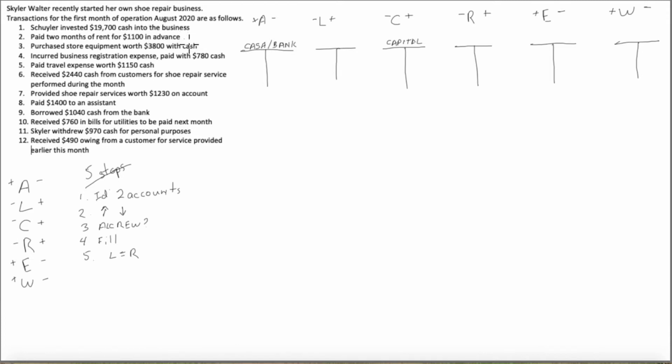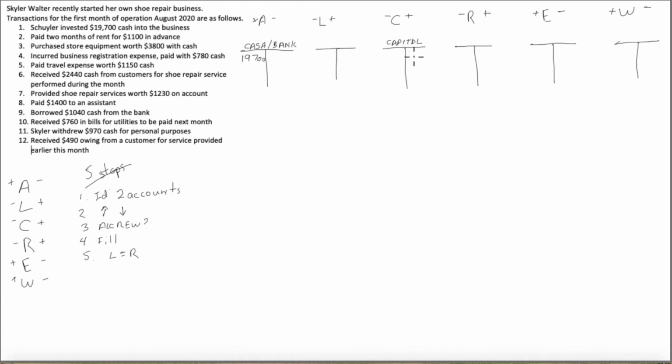So when we look at these two accounts, did each go up or down? Well, cash, she invested into it, so it went up, obviously. And did the other account go up or down? Capital went up, right? Because she has more capital. And this is the key, because it's on the right-hand side.